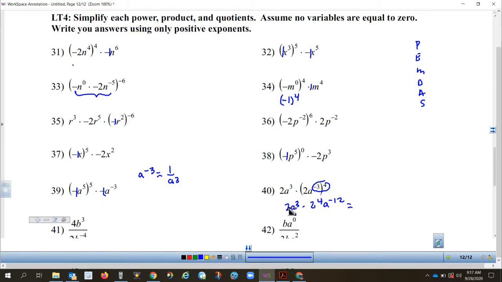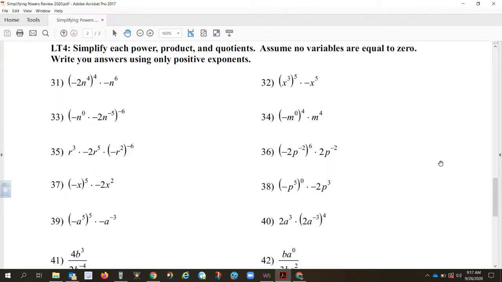So this is going to be 2 times 16, which is going to be 32. And then a^3 times a^-12 would be a^-9, right? But since we're not allowed to write our answers with negative exponents, we're going to get 32 over a^9. All right.